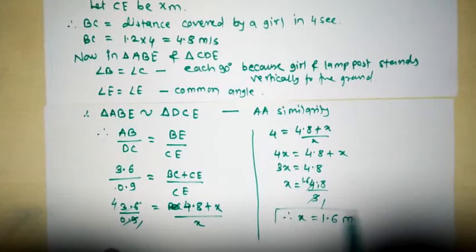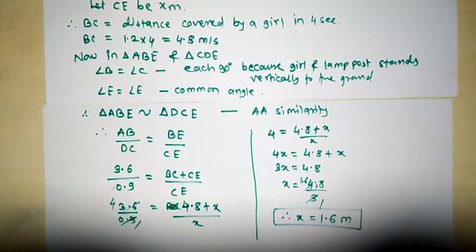From this you have to write one statement below. Therefore the shadow of the girl after walking 4 seconds away from the lamp post, length of the shadow is x is equal to 1.6 meter.